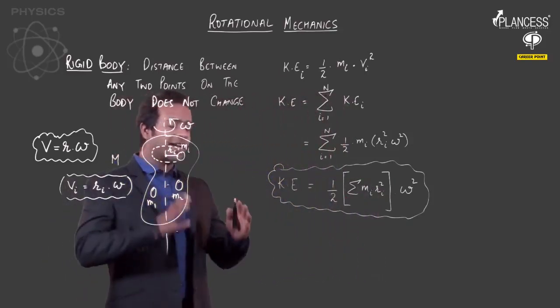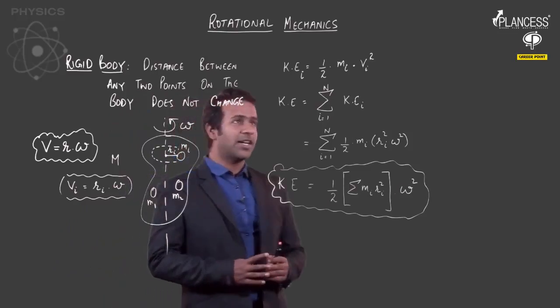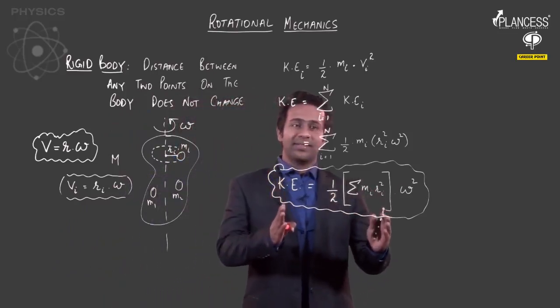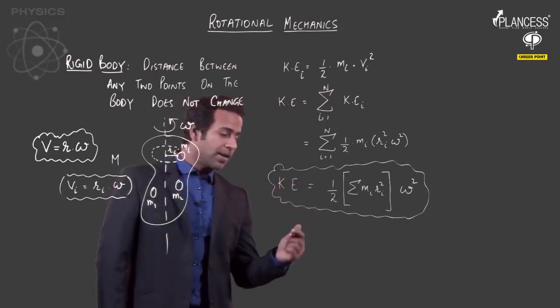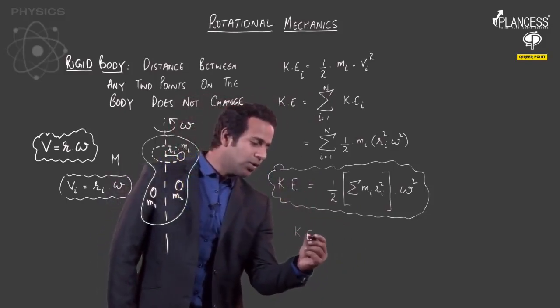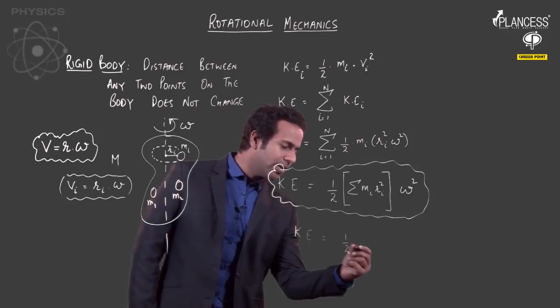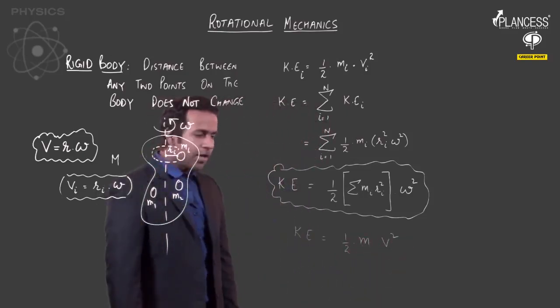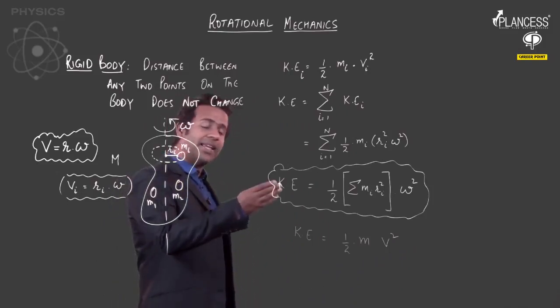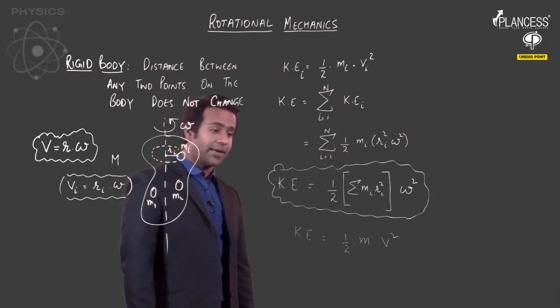So now let's come to the entire idea which we want to establish here. We are going to compare this expression to the original expression of linear motion. Kinetic energy we know is equal to half into m into v square. So we see a similarity in these two expressions, right?